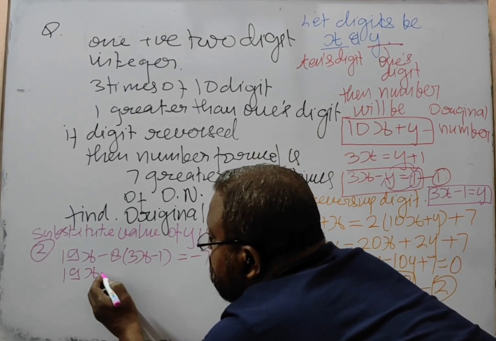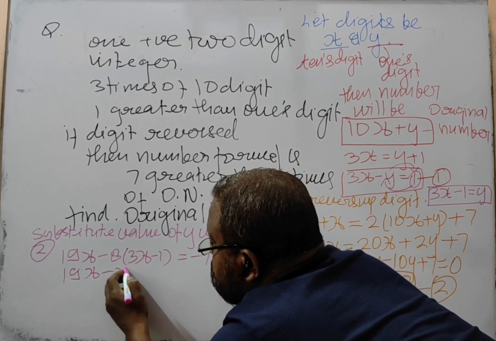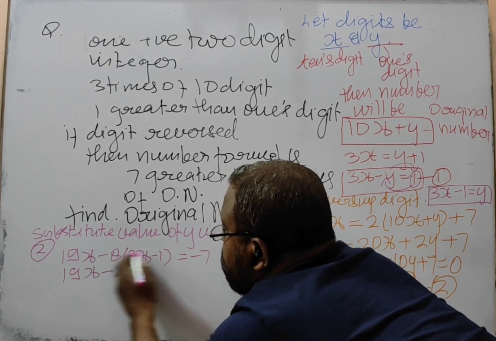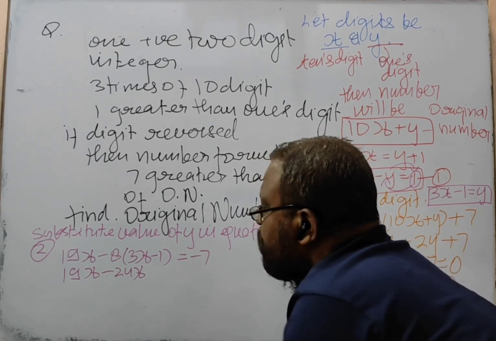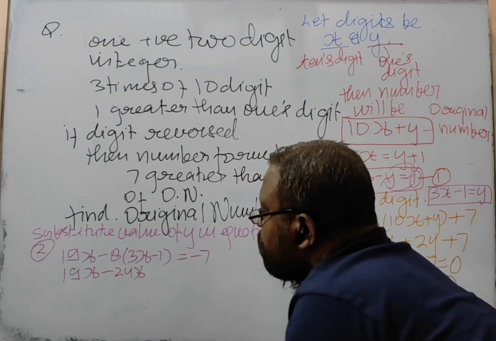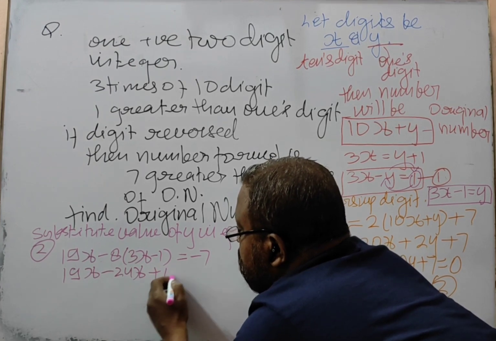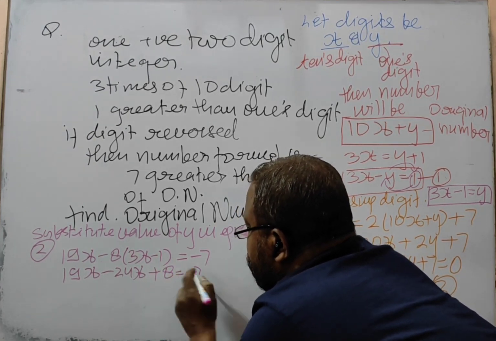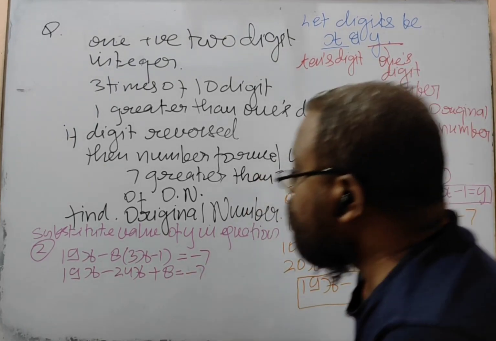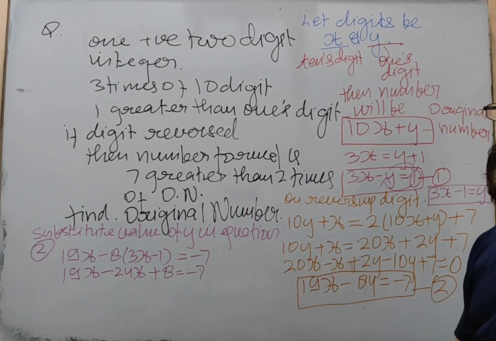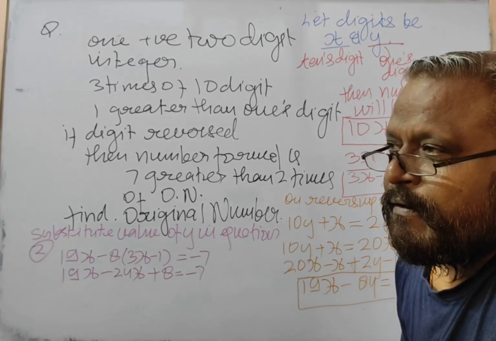So it is minus 24x, and minus minus is plus, so plus 8 is equal to minus 7, right? Now 24 minus 19 is 5.